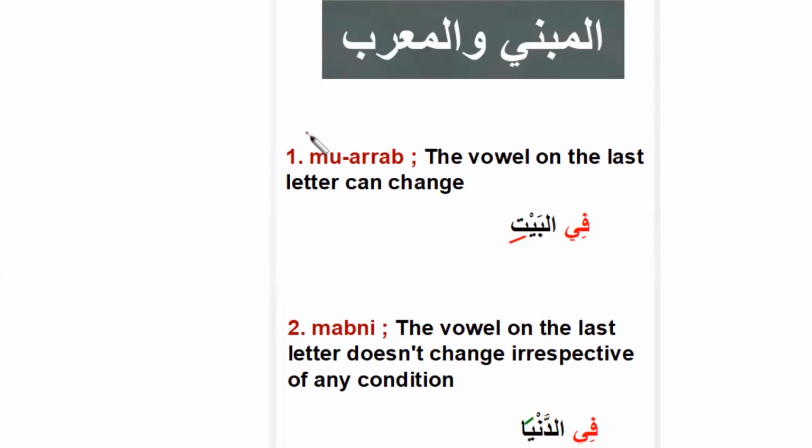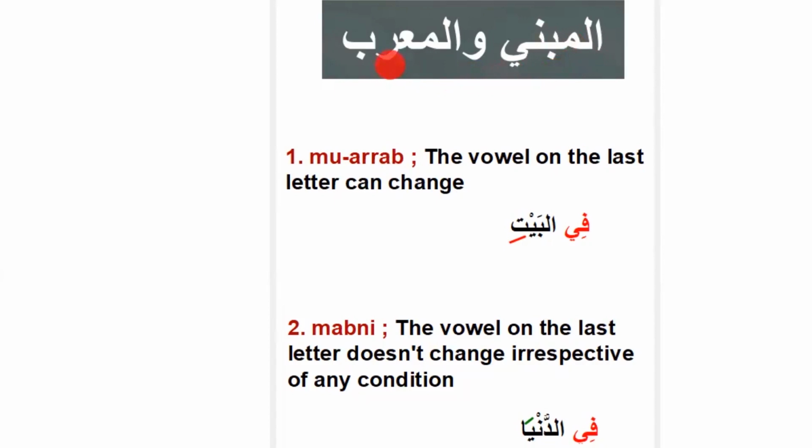However, there are some nouns that don't respect that condition, or that don't respect that rule. Let me repeat again. So here, mu'arrabs are simple words. Let me clarify something here. When we are dealing with mabni wal mu'arrab, it is not only restricted to nouns.